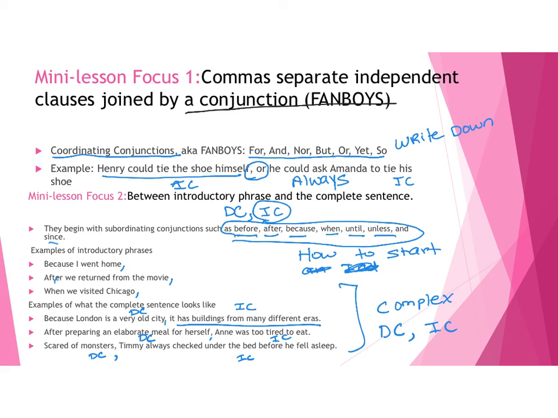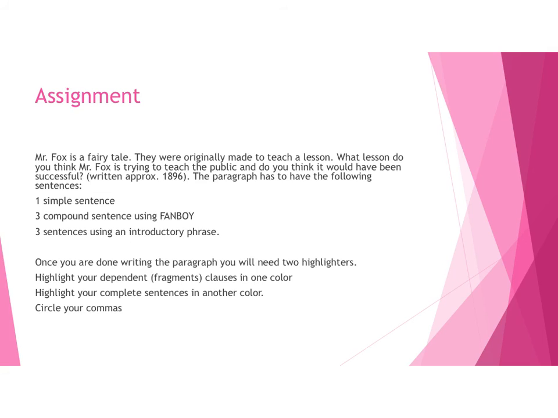Start a dependent clause. If that will help you remember. But you may not need it. It just depends on how well you'll remember these words. Okay. Either way, you will need to remember this formula. A dependent clause, comma, independent clause. Okay. All right, your assignment.